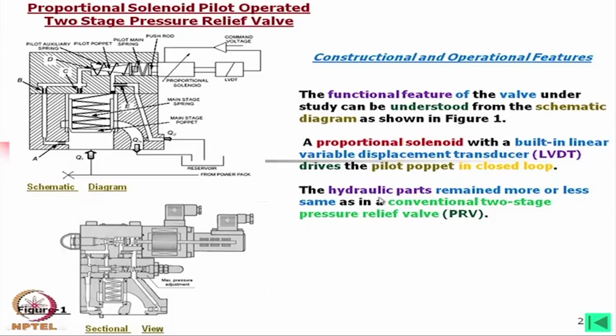Now, another important aspect I would like to mention in comparison to the servo valve: for the solenoid valve and the proportional solenoid valve, the accuracy of all the components is not as important as what we require for the servo valve. In case of servo valve, it is completely closed loop, and if it starts malfunctioning, then the whole valve is to be rejected.